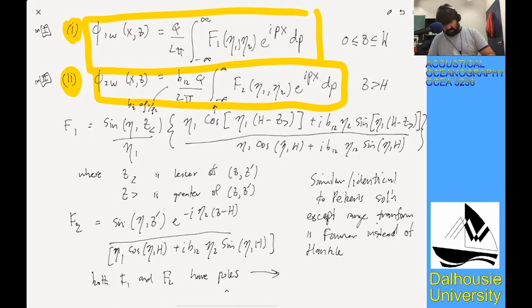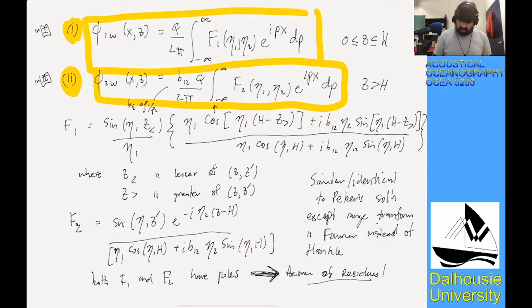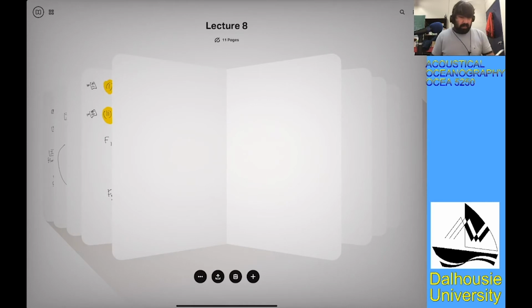And if that's not enough for you to think, oh my God, we need to use the theorem of residues, Cauchy's theorem, then I don't know what is. Now, no problem. We're going to get into just what that is on this next page. Okay, so the denominator is equal to eta 1 cos eta 1 h plus i b12, the density ratio, sine eta 1 h.